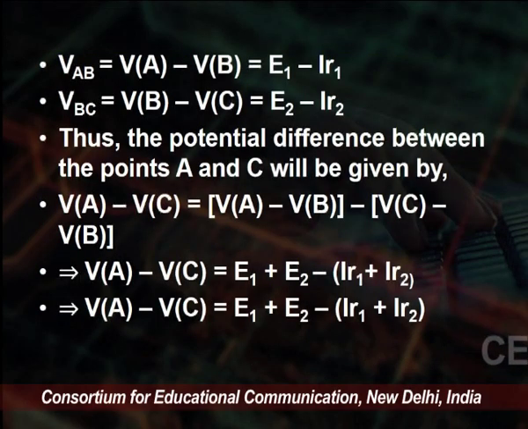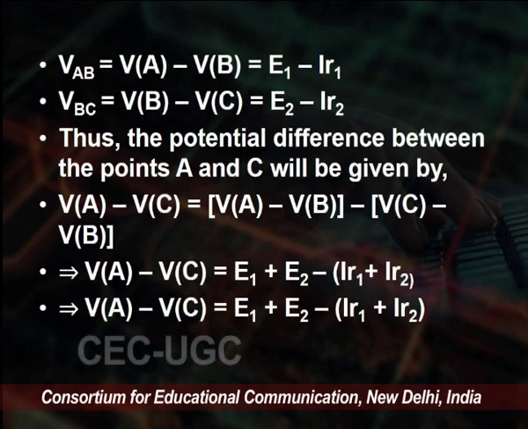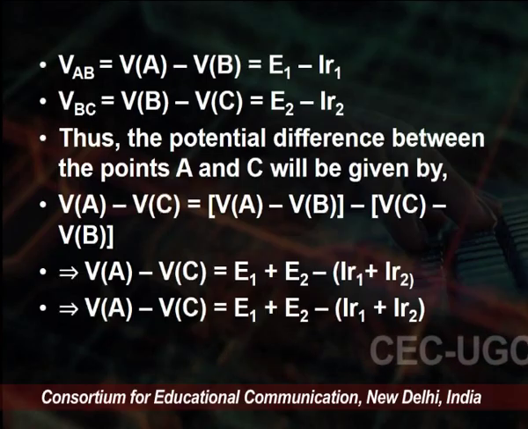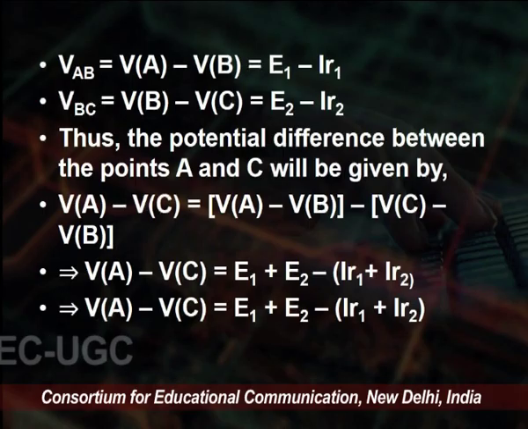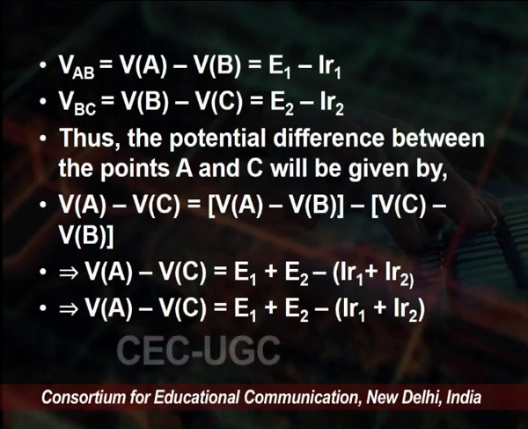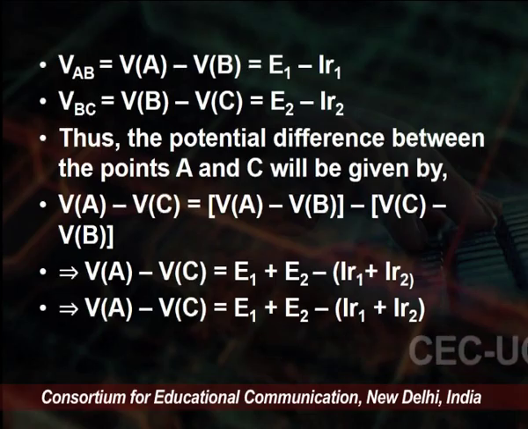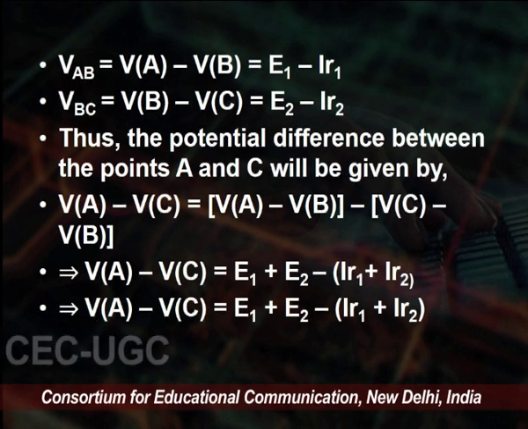Now we can write VAB and VBC. The potential across AB is VA minus VB, which equals E1 minus IR1. And VB minus VC equals E2 minus IR2.